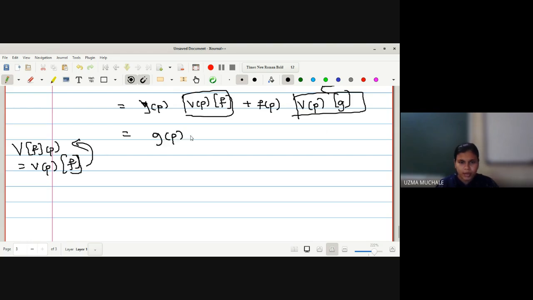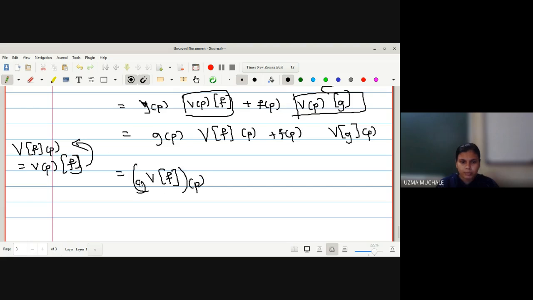So g at a point p as it is, this is vf at a point p as it is, plus f at a point p as it is, then it is vg at a point p as it is. Now I can take the point p outside. We have this as vf, g as it is, evaluated at a point p, plus f vg, again evaluated at a point p, and hence the result.